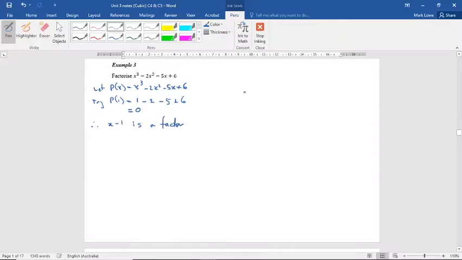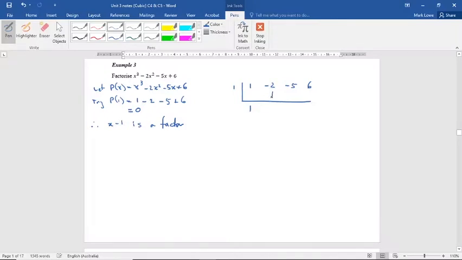All right, so now we can divide. Put 1 out the front. 1, minus 2, minus 5, 6. Okay, bring down our 1 as the first step. 1 times 1 is 1.